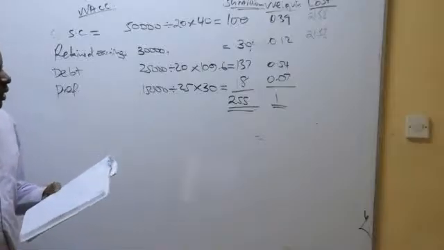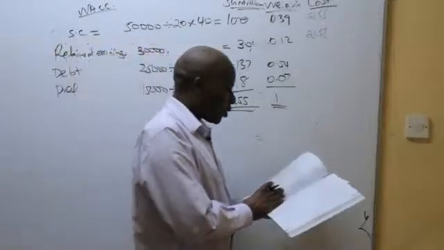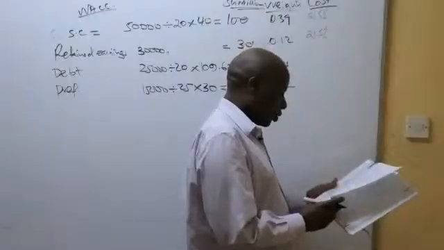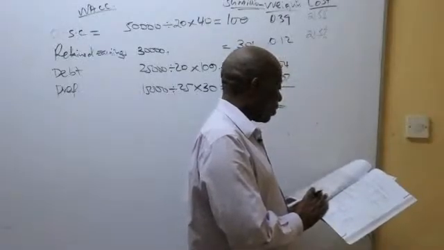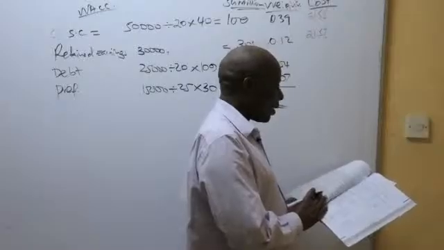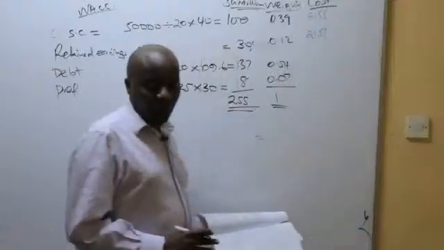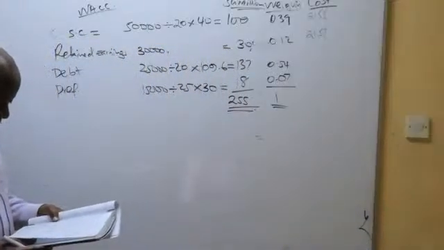Now, ladies and gentlemen, we move on to the next one. The next one is the cost of debt. What you guys got was 1 point something. What is the cost of debt? Please give me the cost of debt.